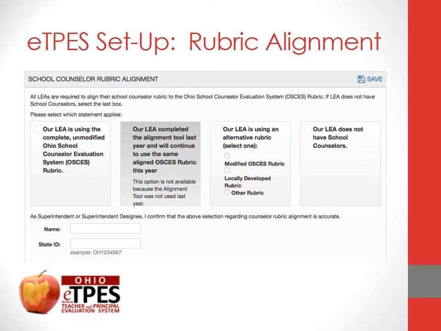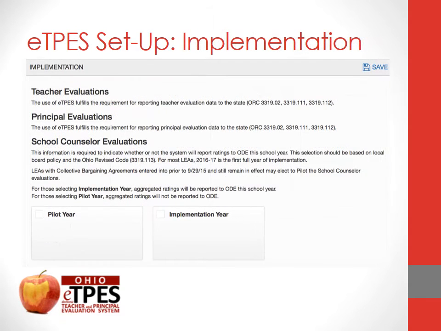If the district does not employ any school counselors, it can mark that. And then the school counselor tools within eTPES will not be activated for that district. Previously, when it comes to teacher and principal evaluation, it was possible that some districts may have been under a collective bargaining agreement that was in place prior to the implementation of the law.